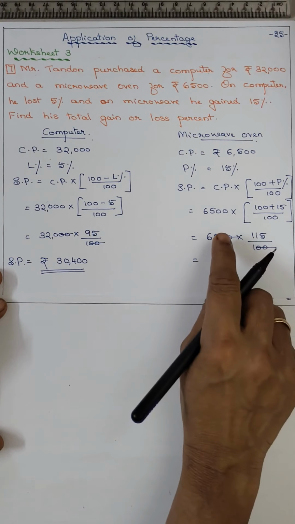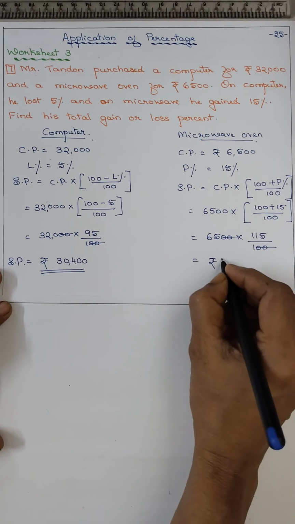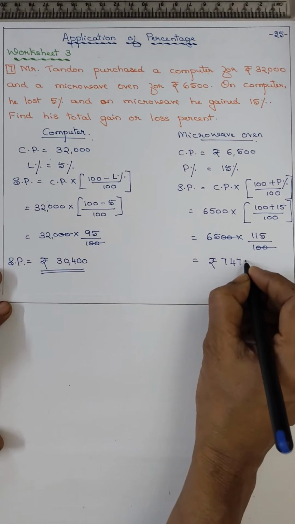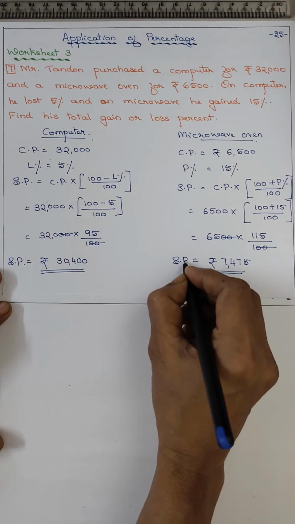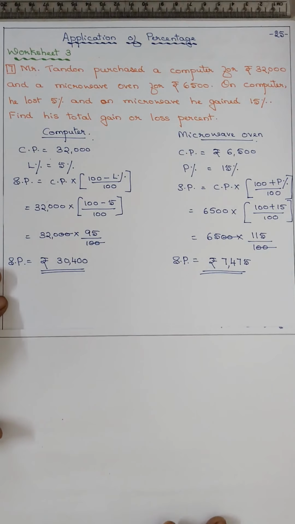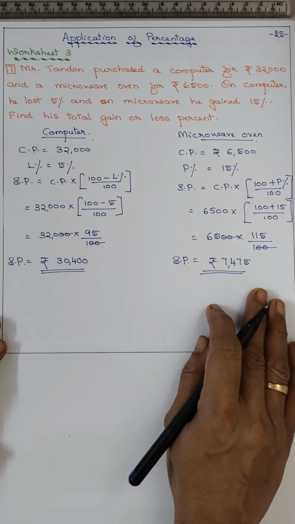Now multiply 65 into 115. You will get the answer 7475. Multiplication, that calculation you have to do. Now you got the SP for both.